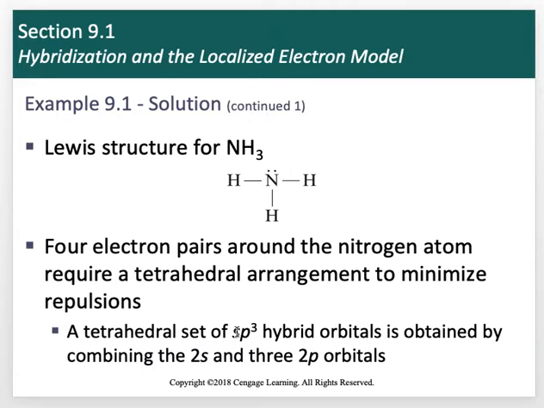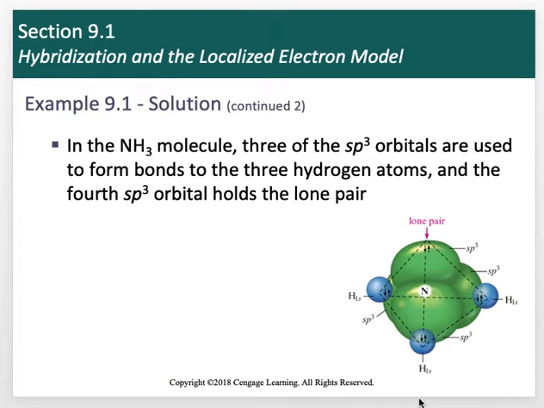So that means we would need sp3 hybridized orbitals to make this occur, which means the N in our NH3 molecule is composed of 4 sp3 hybridized orbitals, and the 4th sp3 hybridized orbital has the lone pair in it. So the lone pair is hanging out up here in this orbital, and the other 3 are sharing electrons in these bonds.